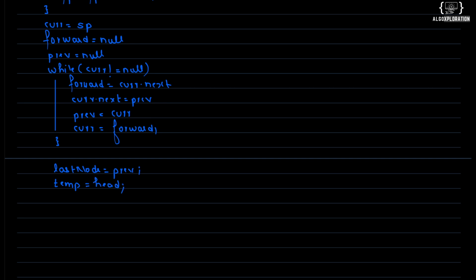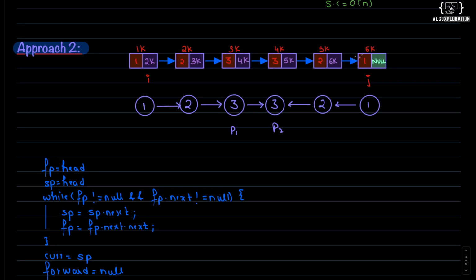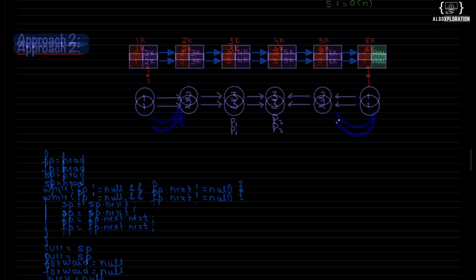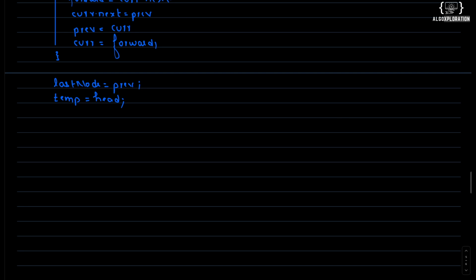Now I'm going to apply the two-pointer technique, in which this node, the previous node, which was the head of the second part, will be the last node. I mean to say this: this will be the last node and this will be the temp. Now I'm going to match each and every value, and then I'm going to move temp to here and last node to here.